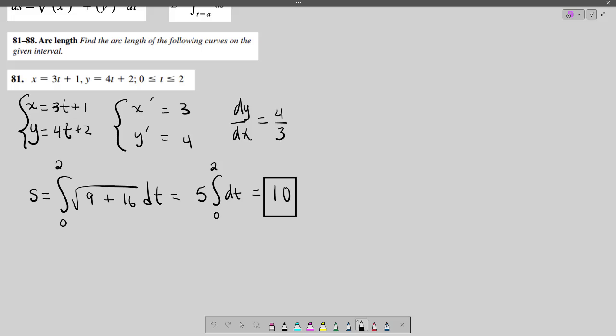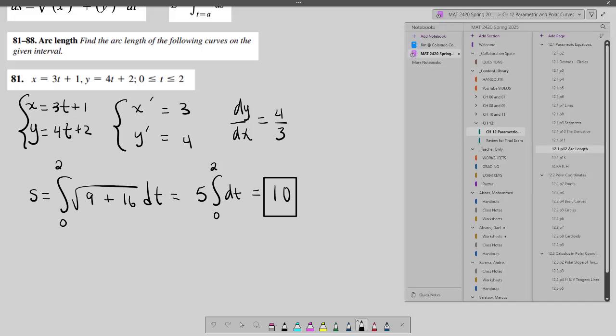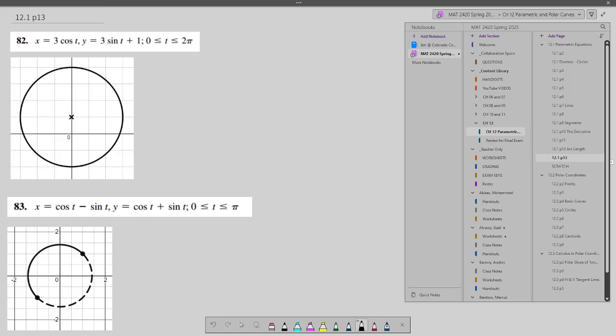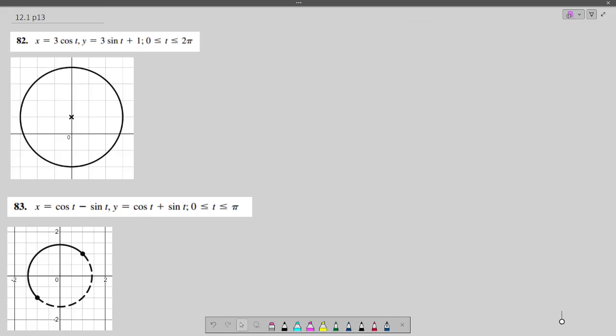Let's try another one. So here we have a circle of radius 3. Notice that this one is not centered at the origin. Notice how we shift a circle. So we have 3 cosine t, and then for the y, we don't just have 3 sine t, we have 3 sine t plus 1.